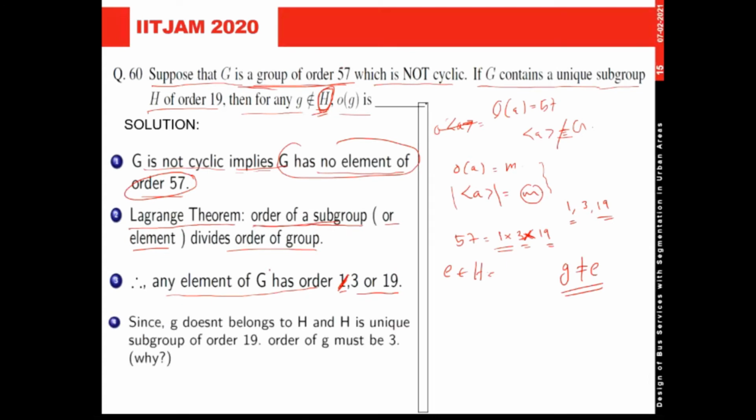Now, if g doesn't belong to H and H is the unique subgroup of order 19, then the order of g must be 3. Why?